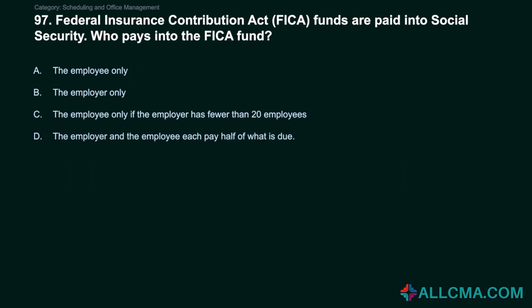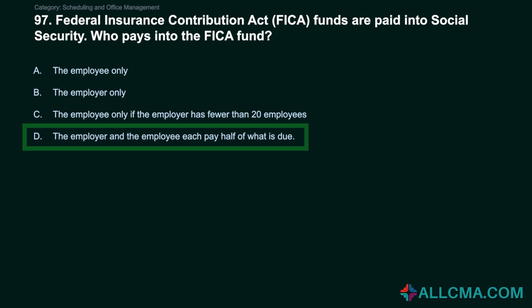97. Federal Insurance Contribution Act, FICA, funds are paid into Social Security. Who pays into the FICA fund? A. The employee only. B. The employer only. C. The employee only if the employer has fewer than 20 employees. D. The employer and the employee each pay half of what is due.